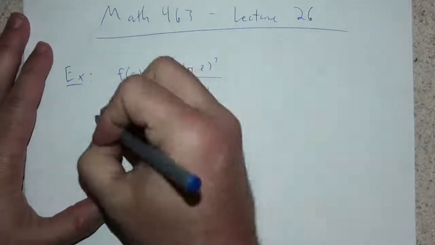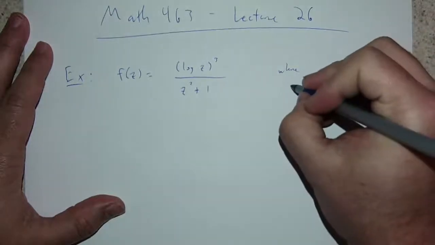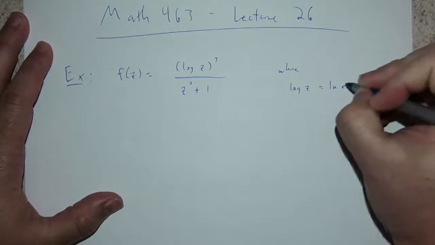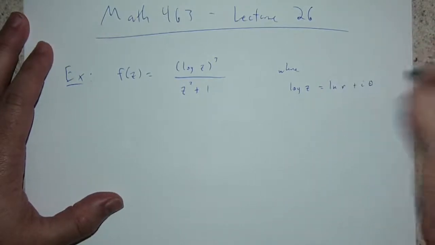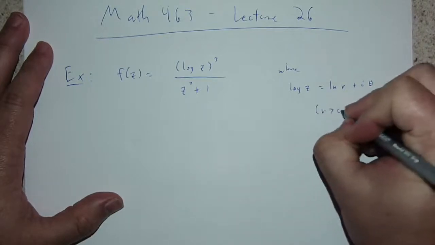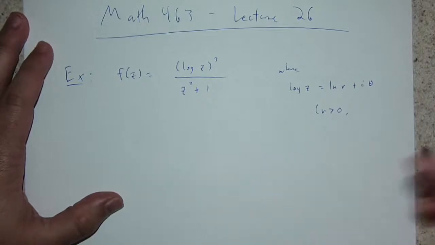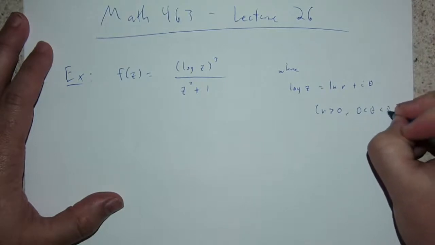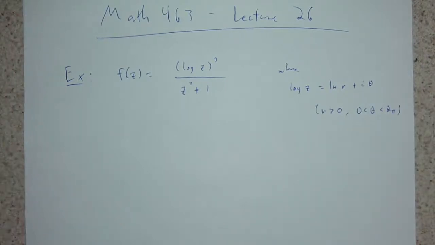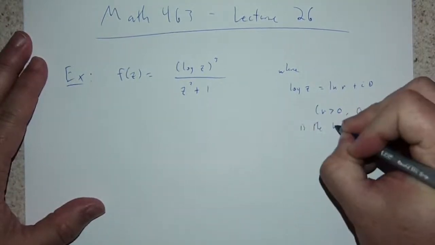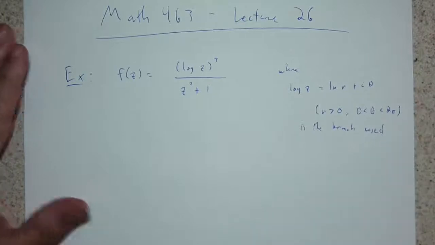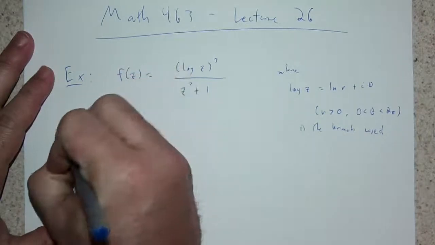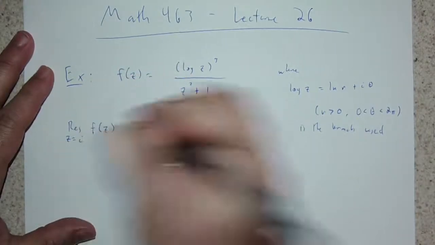When we write this, the branch that we use for log z, which we know is ln r plus i theta, is the one with the branch cut on the positive x-axis, so theta is between 0 and 2 pi. So this is the branch to be used. Let's compute the residue of f at z equals i.